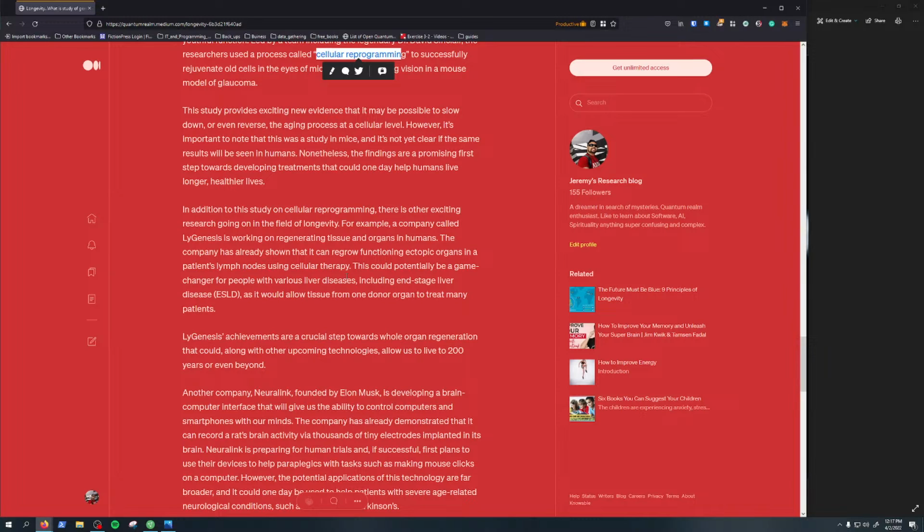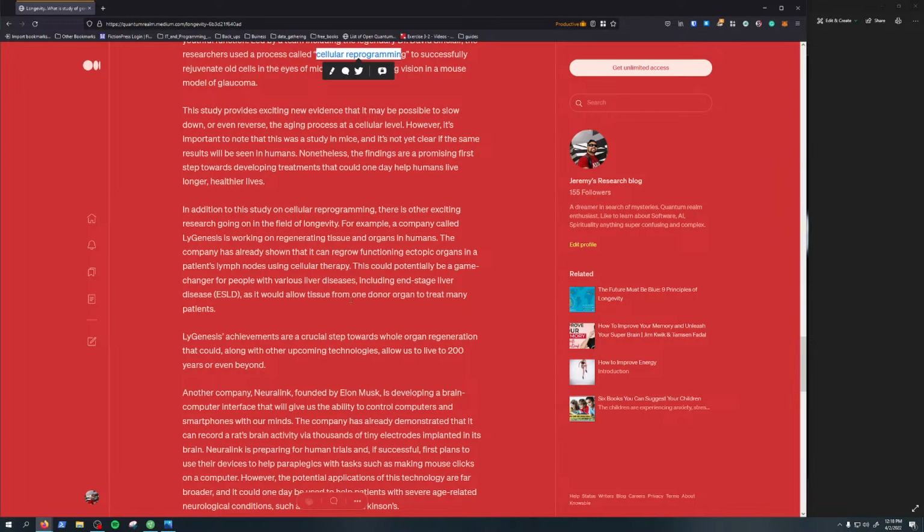longevity. For example, a company called LyGenesis is working on regenerating tissue and organs in humans. The company has already shown that it can regrow functioning ectopic organs in a patient's lymph nodes by using cellular therapy. This could potentially be a game changer for people with various liver diseases, including end-stage liver disease.